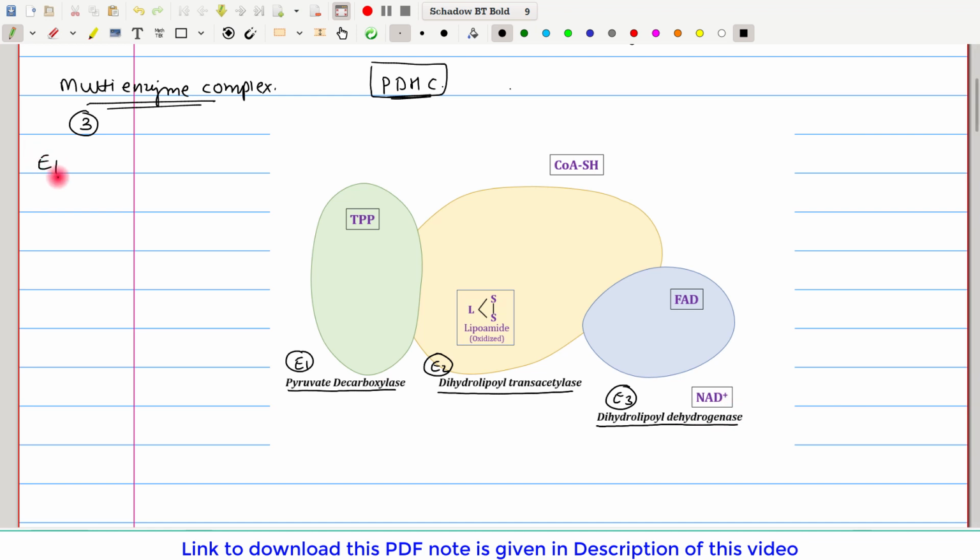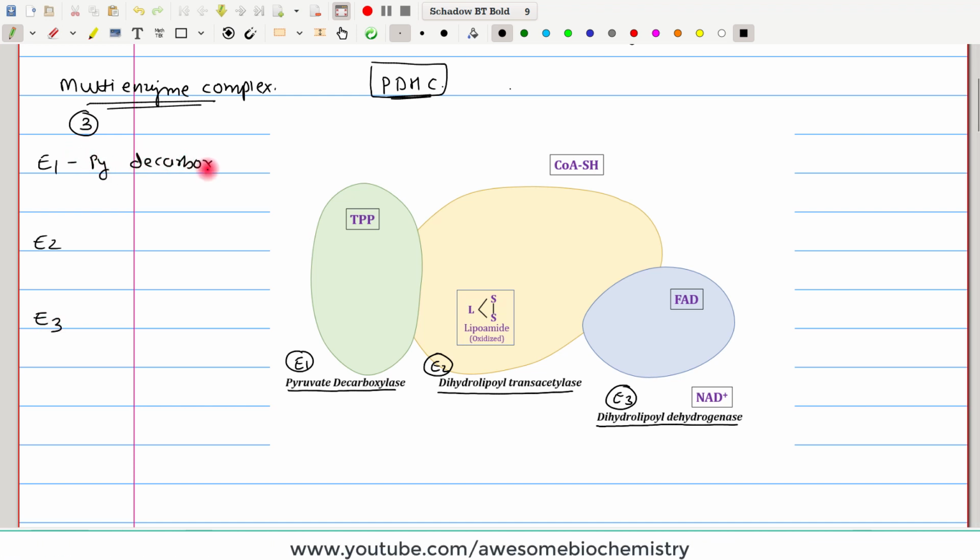So, we have E1 activity, E2 activity, and E3 activity. E1 is the pyruvate decarboxylase. Now, in some books some authors give the E1 name as pyruvate dehydrogenase, but I personally prefer the name pyruvate decarboxylase.